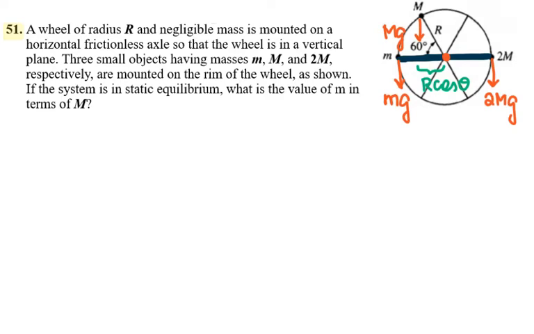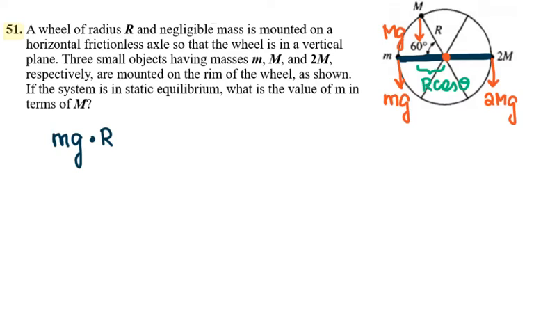And I can use the torque. I'm going to make the point of rotation the center of the circle, and I have mg is positive. The distance is r, and the angle between the force and the horizontal is 90 degrees.